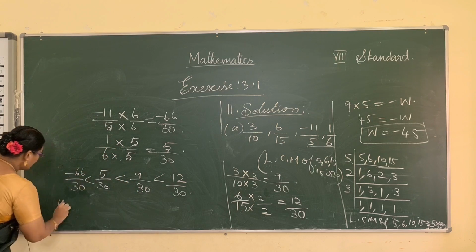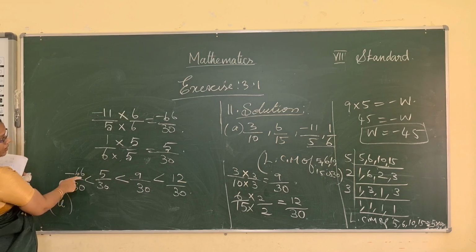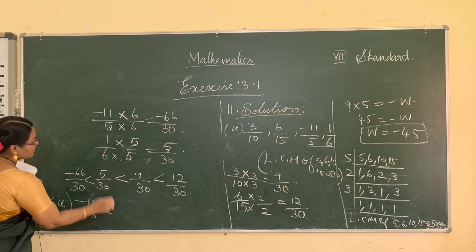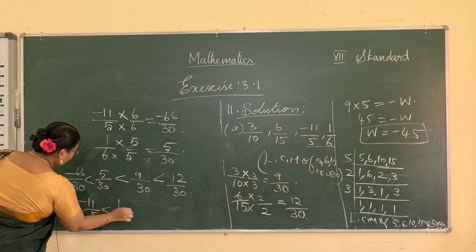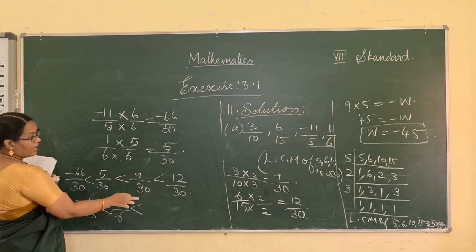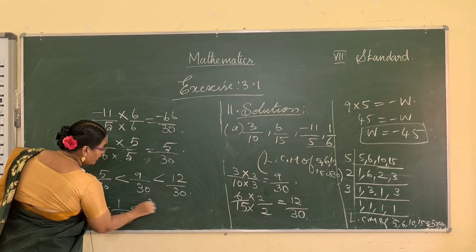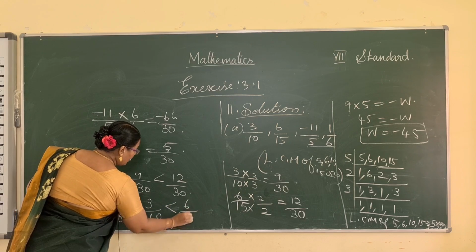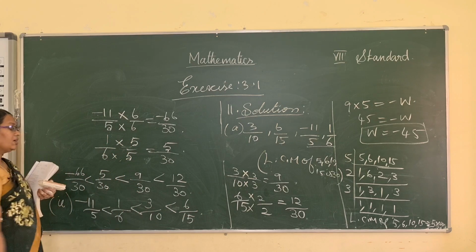That is, the original forms: minus 11 by 5 is less than 1 by 6 (the 5 by 30 value), less than 3 by 10 (the 9 by 30 value), and less than 6 by 15. This is the ascending order.